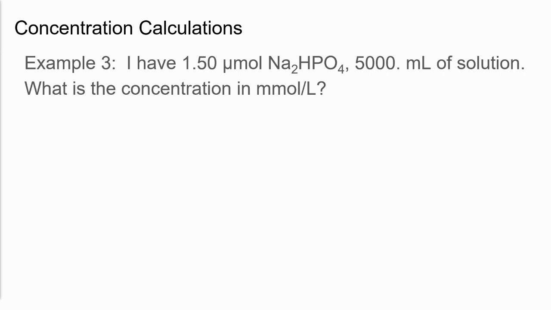What would you do with that? Move the decimal 3 times. So micro is 6. So 3 times, decimal. Yeah, I think you're correct. It is 3, so we should move the decimal. I think that's right.